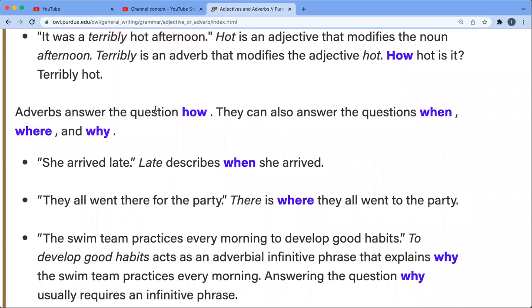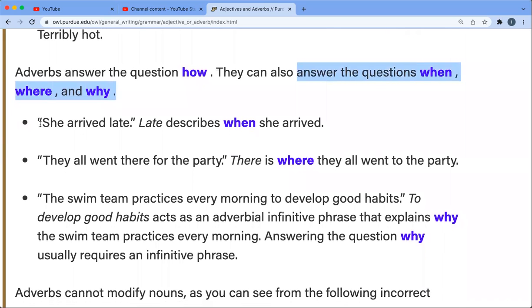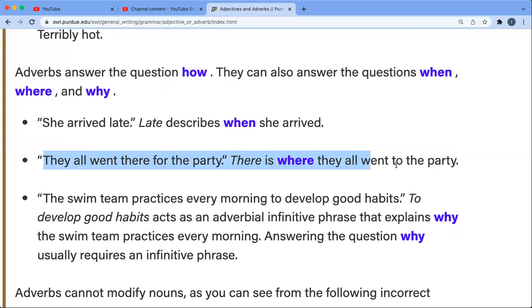Adverbs also answer the question how, and then they can also answer the questions when, where, and why. This is pretty interesting. If I say she arrived late, late describes when. This is an adverb. They all went there for the party.